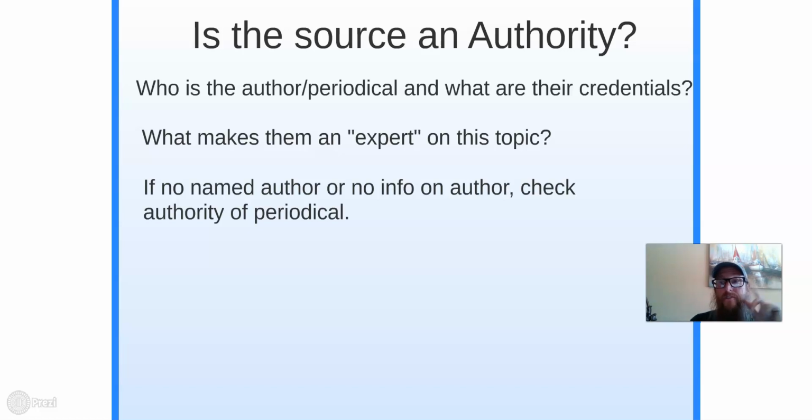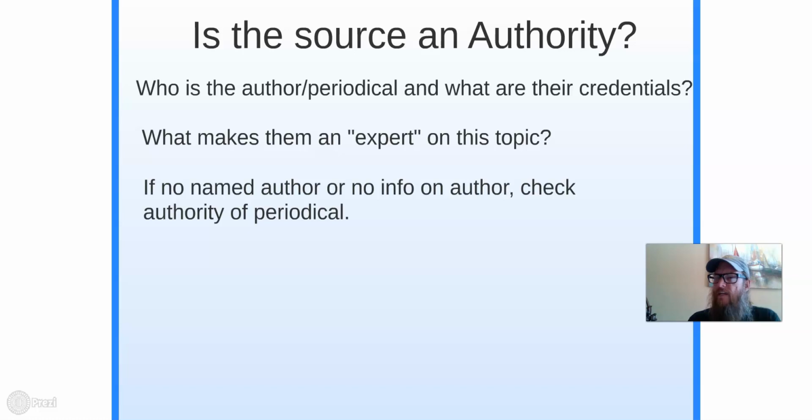Now, here's the thing. If you don't find a lot of things that suggest the author is an authority, or maybe you have a source that does not have a named author, okay? The sources in the Issues and Controversies database do not have named authors, but they're still great sources.